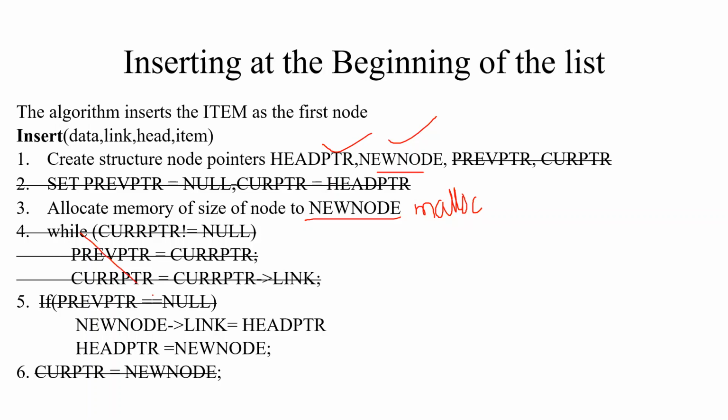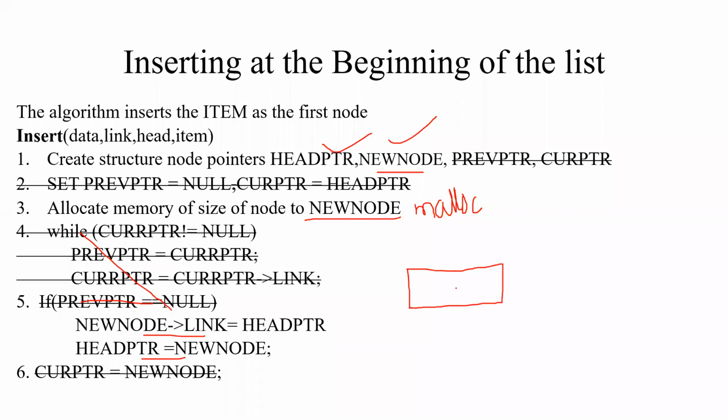And here we are not doing all these steps because we are going to insert at the beginning. In the beginning means there are only 2 steps. New node link equal to head pointer. And we are not even checking whether the previous pointer is equal to null. We have determined that we will insert only at the beginning. So new node link equal to head pointer, head pointer equal to new node. That's it. Even if no node is existing, also no problem.